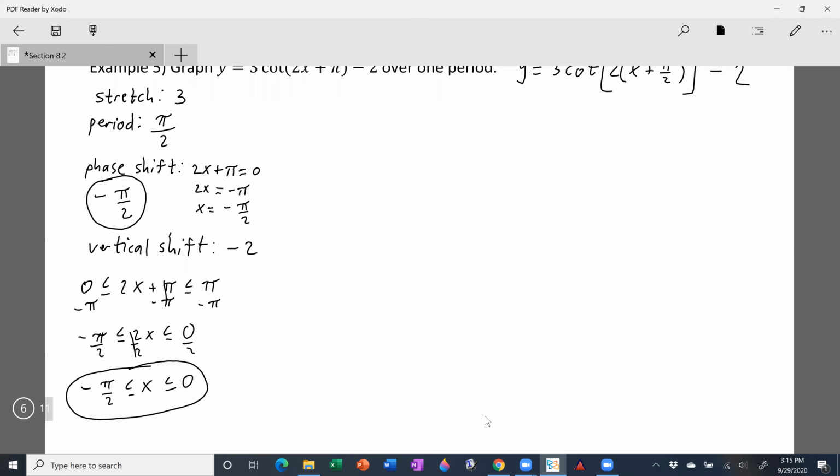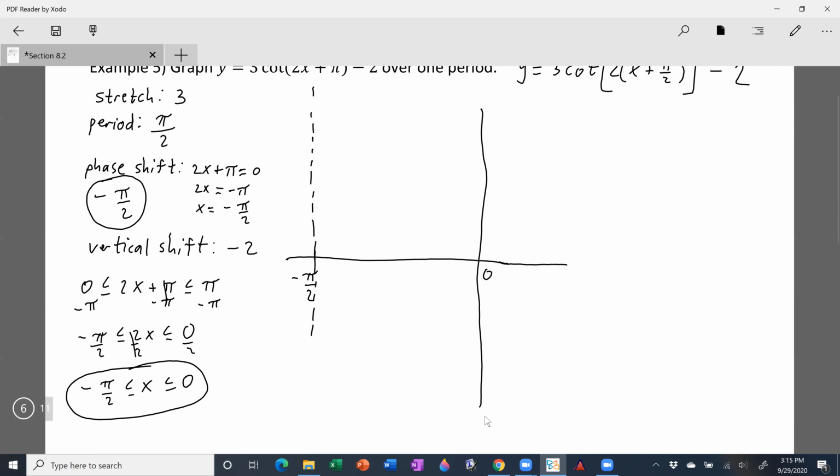So let's label that. Everything's happening on the left-hand side with a stretch of 3. So maybe I want kind of a tall y-axis with everything happening on the left here. Okay, so negative pi over 2 and 0. So those are the endpoints for our asymptotes. Okay.